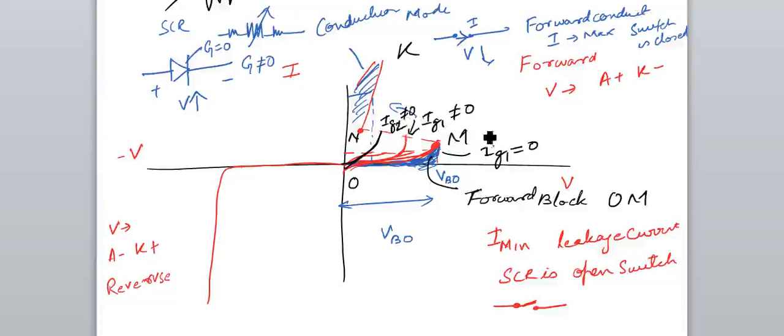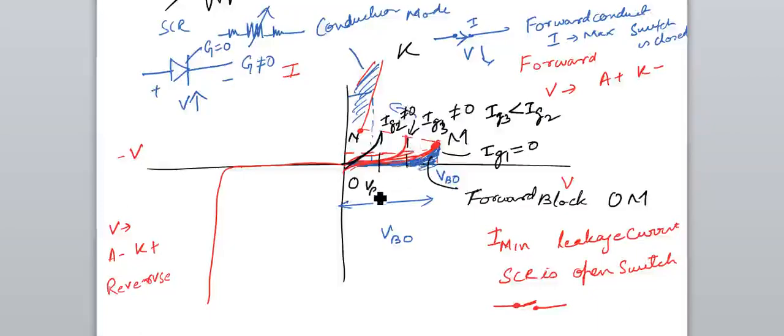But here Ig3, the gate current, is less compared to Ig2. So the more gate current you give, the breakdown potential decreases.